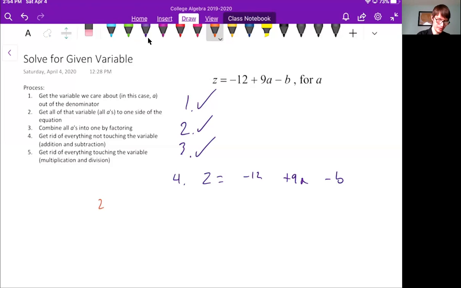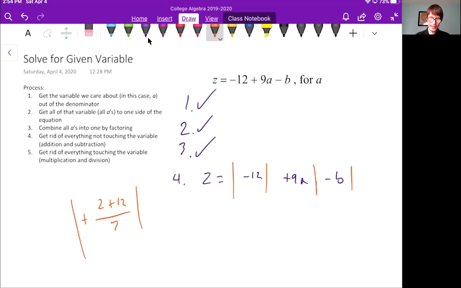If there's like 2 plus 12 over 7, we won't make a section between the 2 and the 12. What we'll actually just do is make a section on the side of it, like this. So we're going to make a section here for the -12, because there's a minus. We'll make a section for the plus 9a and a section for the minus b.